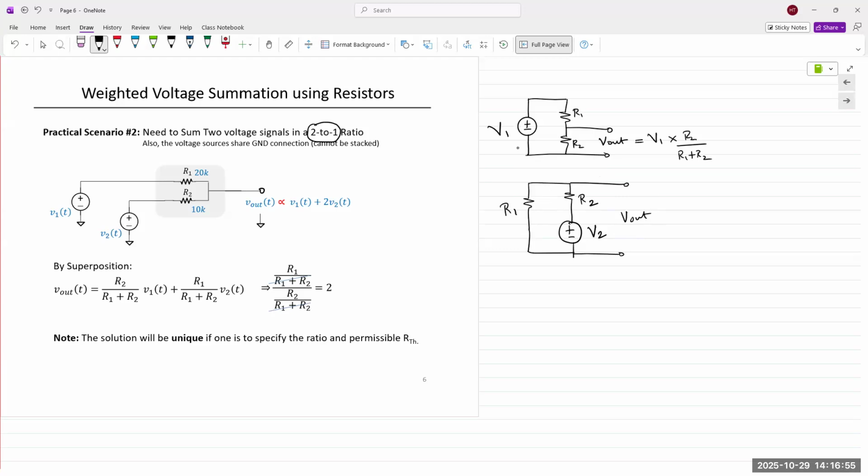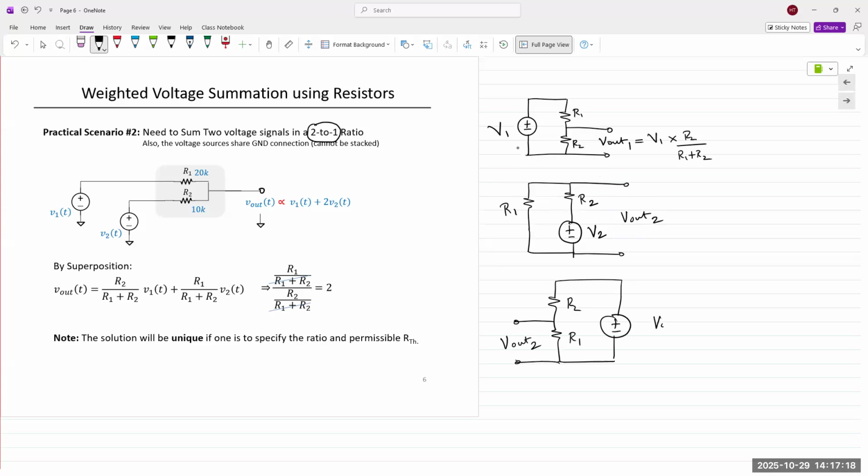So if I turn it around, I can do this: R2, R1, plus minus right here, and then I have my V out 2 on this side.